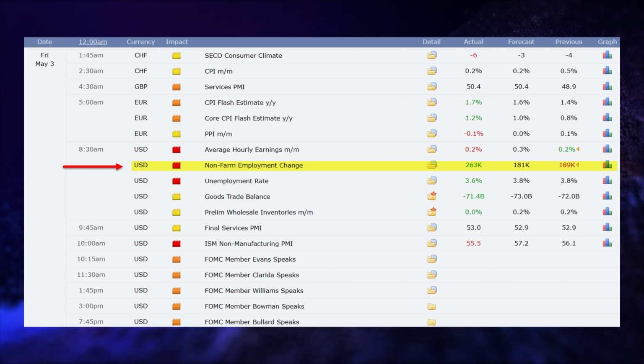Okay, so first of all, this is where my pointer is pointed. This is the previous month data. Then if I scroll here, this is the predicted data. 181k is the predicted, but the 263k one is the actual data released.